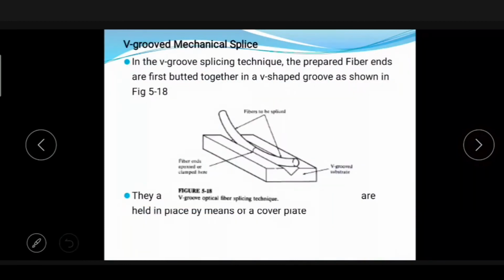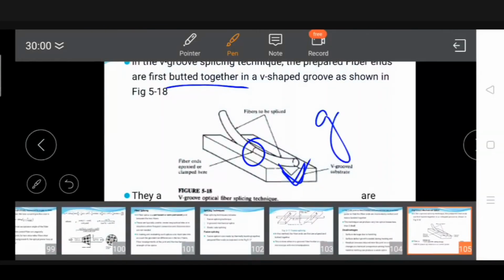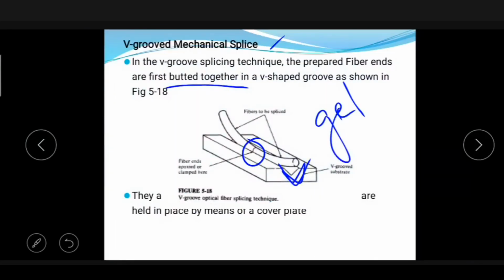Then V-grooved splice, that is the second type of splicing. In the V-grooved splicing technique, the fiber end faces are first butted together in a V shape. So you can see that this is a V-shaped groove, and once they are placed, they are properly aligned, and an adhesive is used, the fiber ends epoxied or clamped here. Epoxied is nothing but joined using some gel or adhesive.